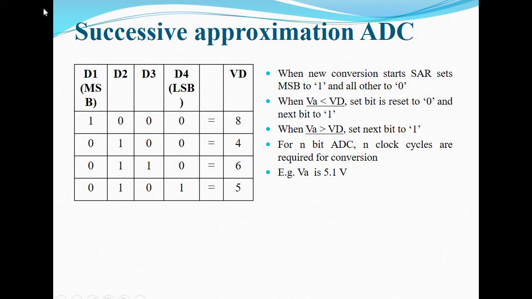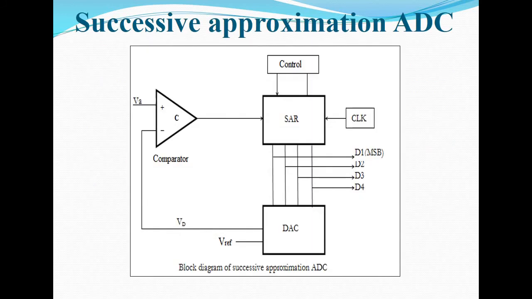The first iteration we have seen, that is 1000, which comes out to be 8 as the VD voltage. At VA we are supplying 5.1 and at VD it is 8 volt. So VA is less than VD.